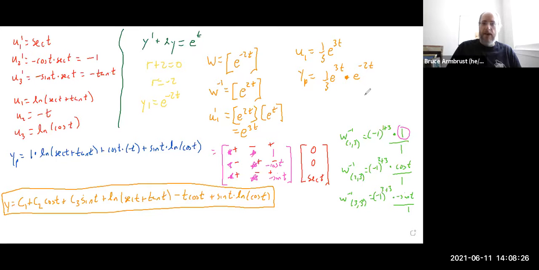That's u1 times y1, which is 1/3 e to the t. So we'll put that all together, and we get that our solution is c1 e to the minus 2t, plus 1/3 e to the t. And there's our answer.